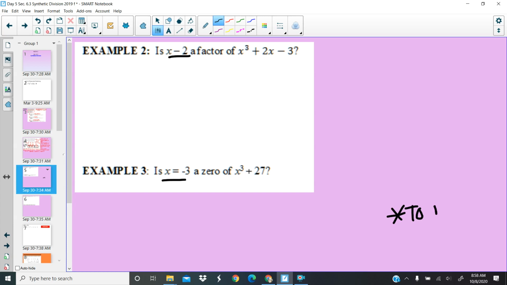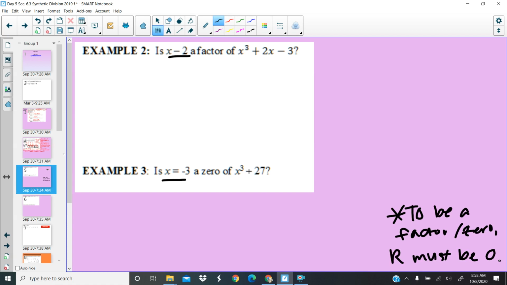So to be a factor or a 0 whenever you divide, the remainder must be 0. So go ahead and make a note of that.